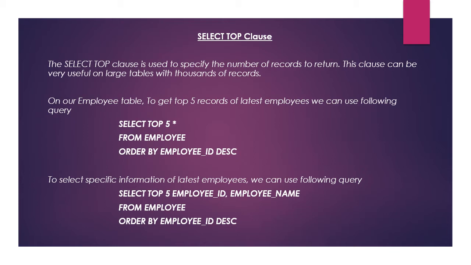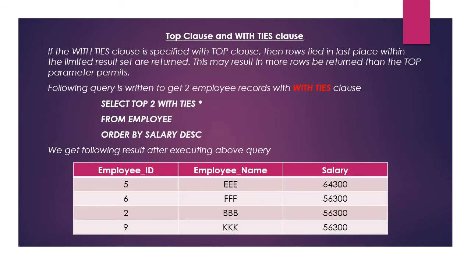Select top 5 employee ID and employee name from employee order by employee ID descending. So it will return only the information of ID and name of employees.